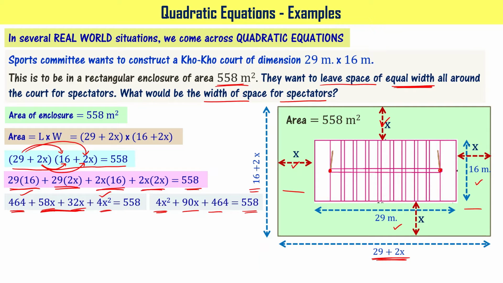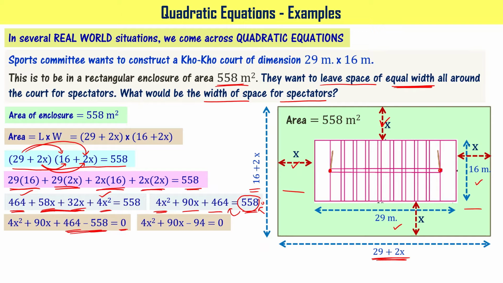Now I can take this 558 to this side so that it becomes minus 558 and the remaining part is going to be 0 here, right? That's what we'll write now. 4x square plus 90x plus 464 minus 558 equal to 0. Now you sum these two, so that I can write the equation as 4x square plus 90x minus 94 equal to 0.